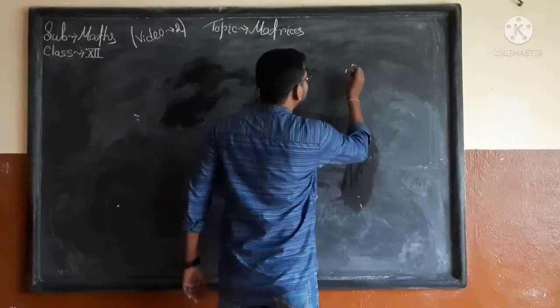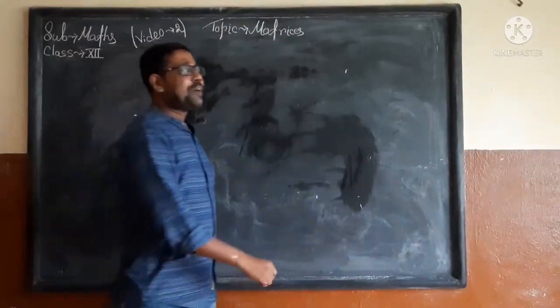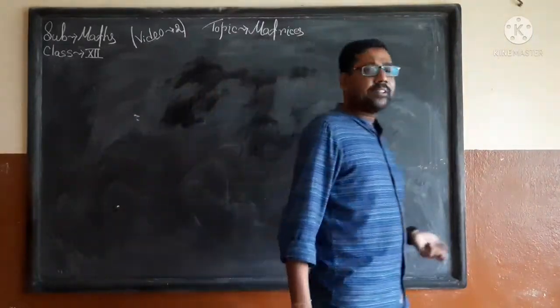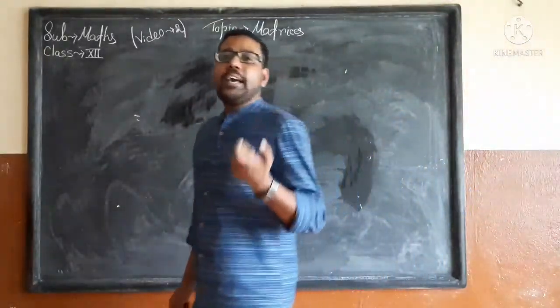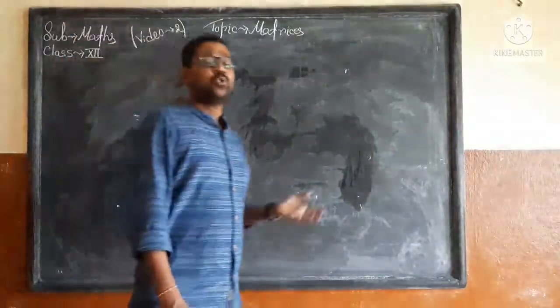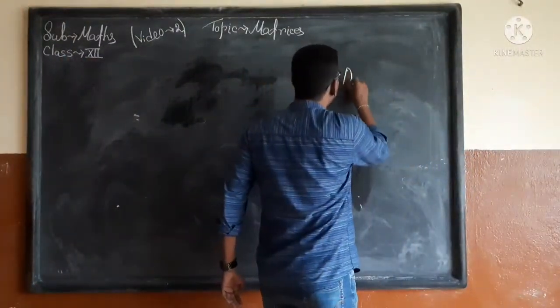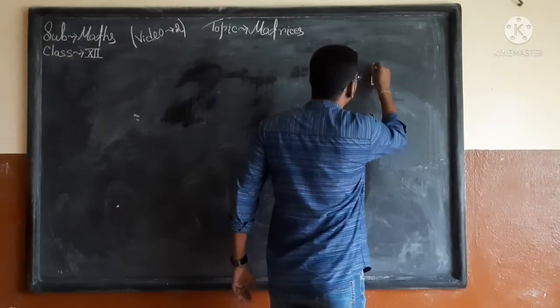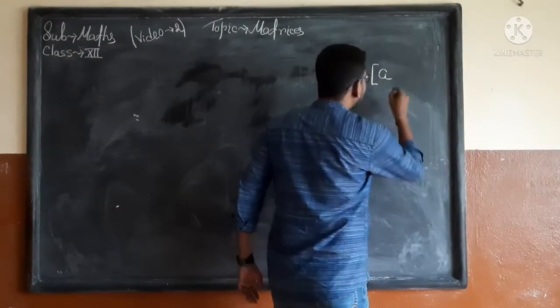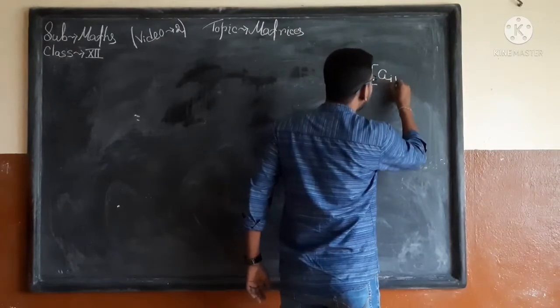So, what is the general notation of any matrix, with the help of the general notation of the element and the general notation of the order? Suppose A is a matrix and this matrix contains the elements in the form of a_ij.